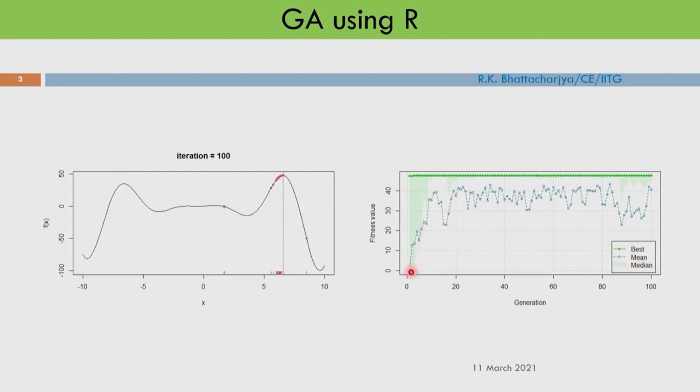With the generation, the mean value is increasing, and you get the best value probably after a few iterations, maybe around 5-6 iterations. So you got the solution of this problem, and the mean value of the population keeps increasing with the generation.